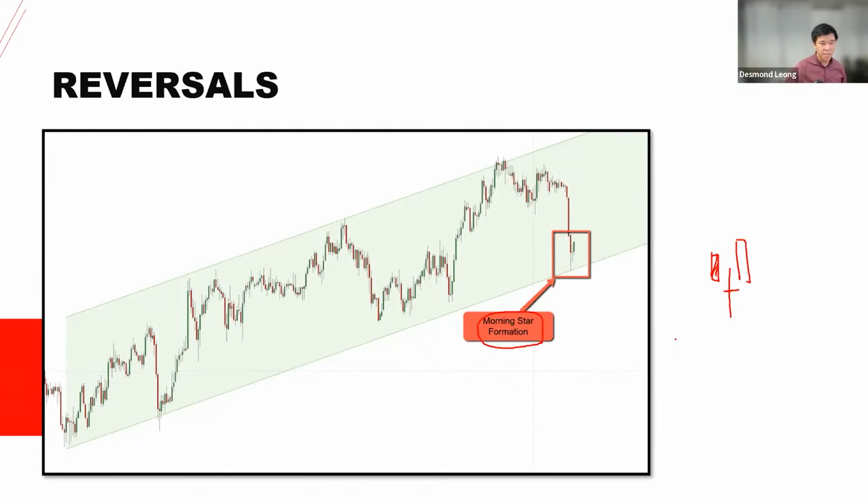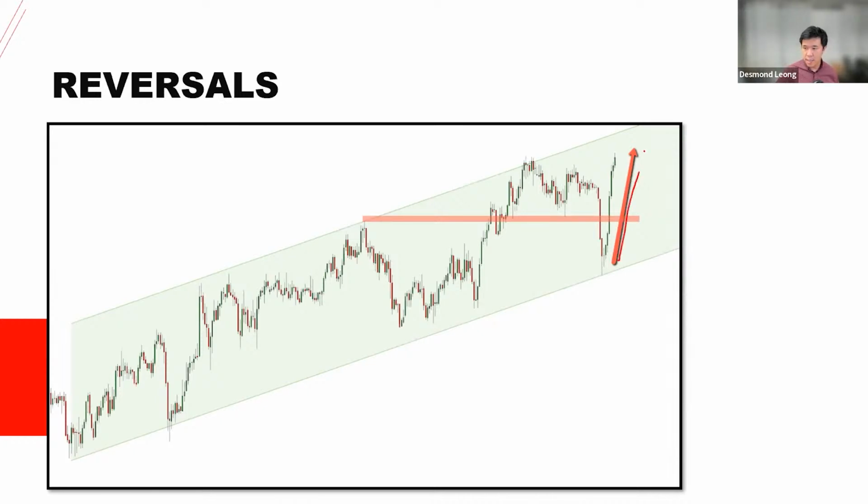So a morning star formation formed right at the trend line, the channel support. This is a very good indication of a possible bounce. And you can see that price did start to bounce up very nicely.